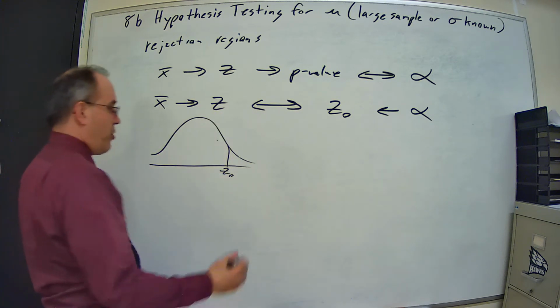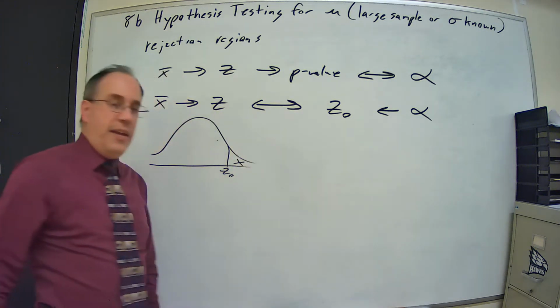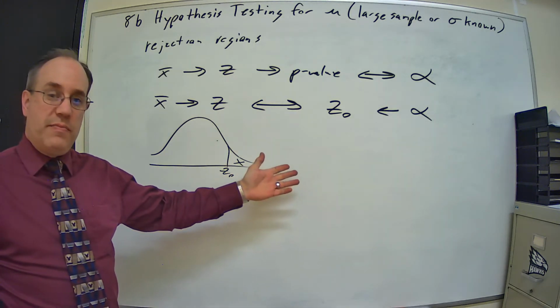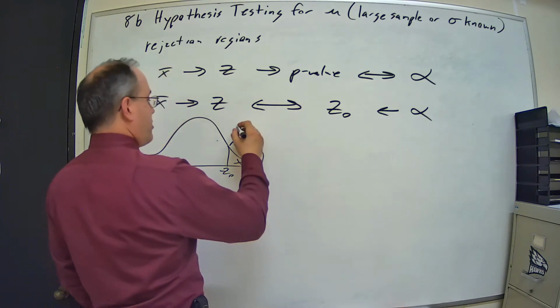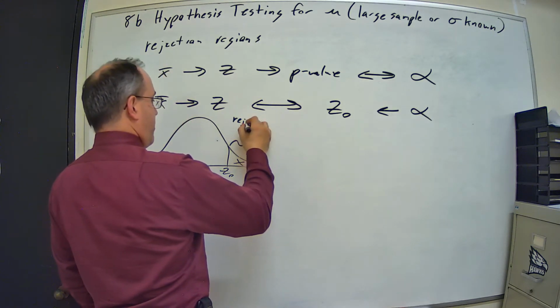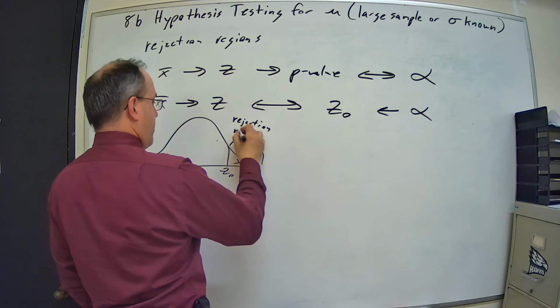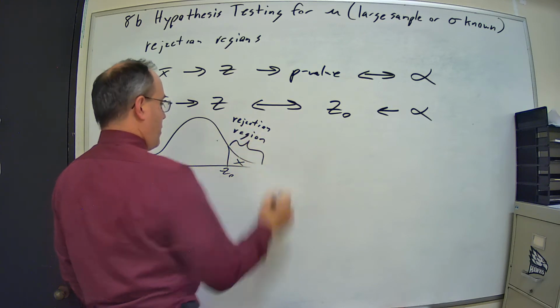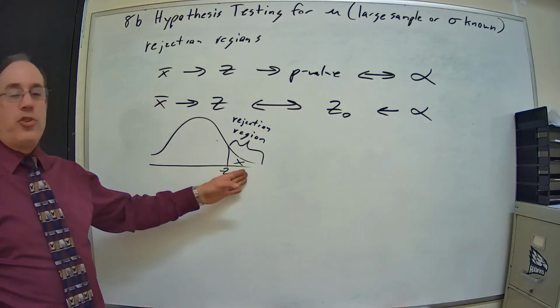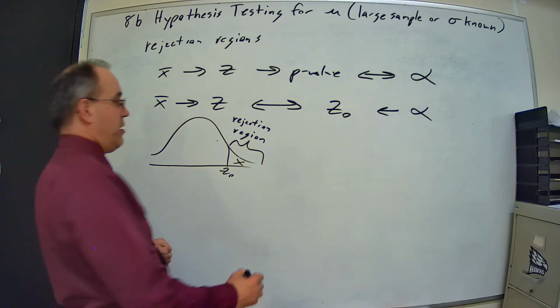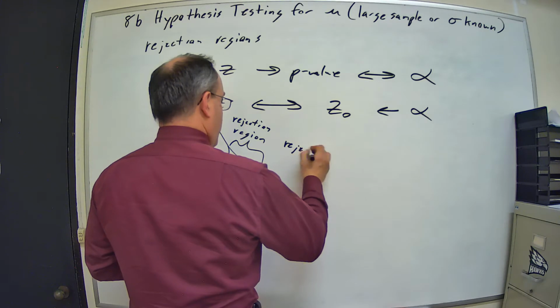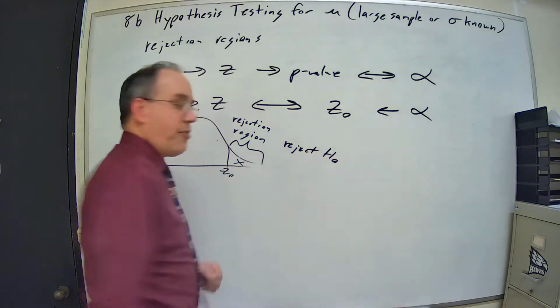If that z-score ends up in the tail, that tail is known as the rejection region. So if that z-score ends up in the rejection region, that tail, then we reject the null hypothesis.